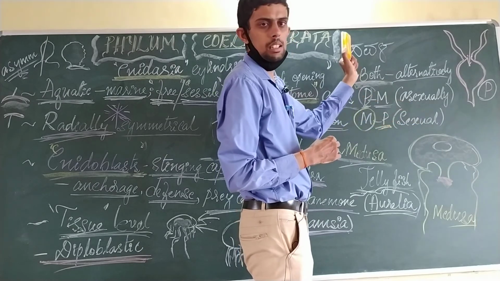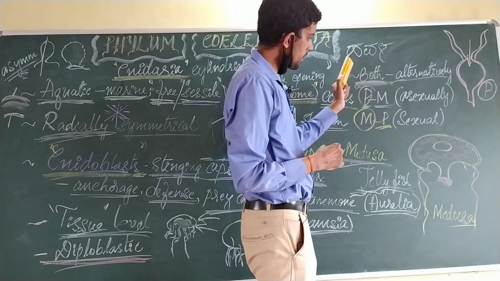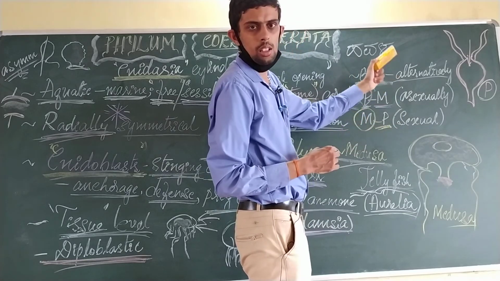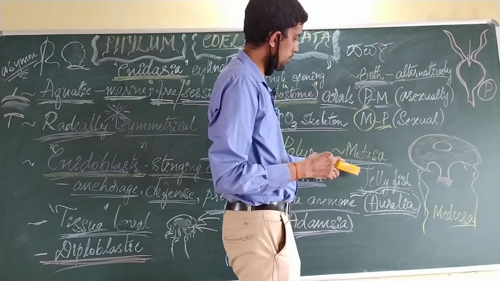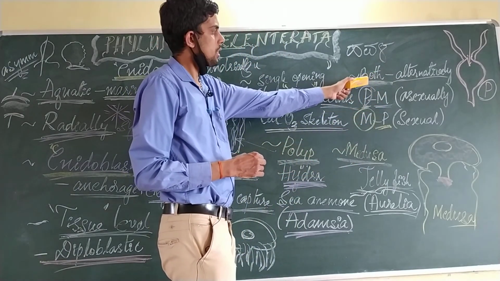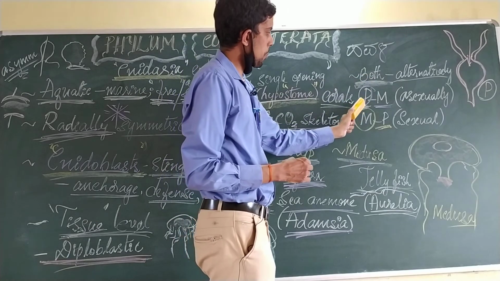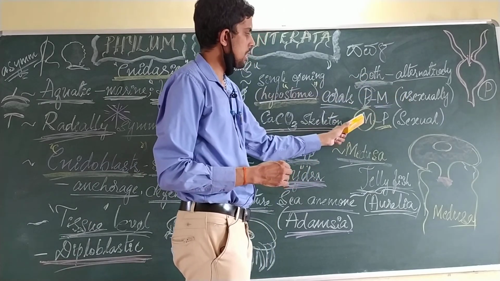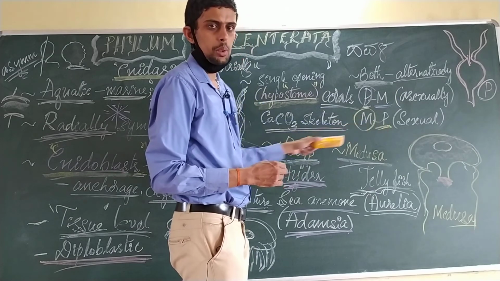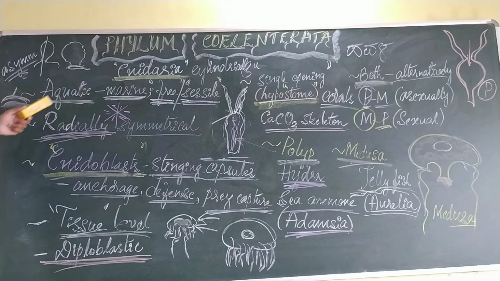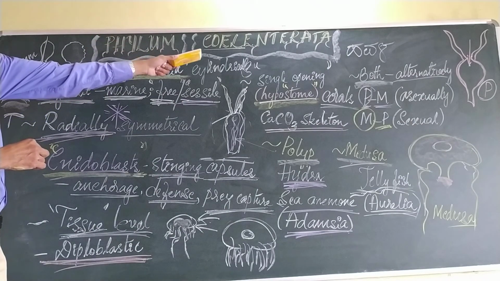So that is the different types of reproduction that takes place in both forms found in the same organism. So that is the case wherein you find both the forms.